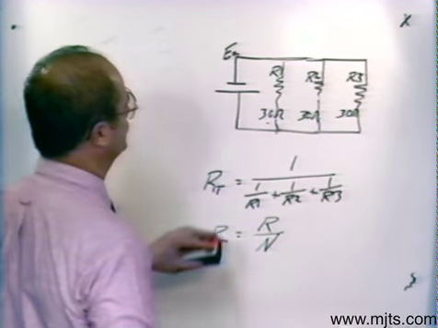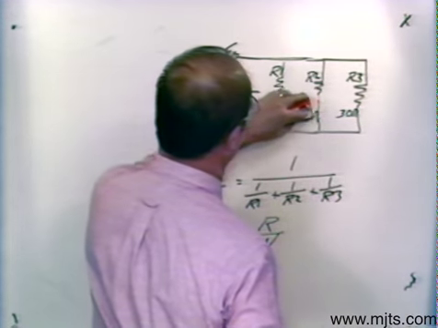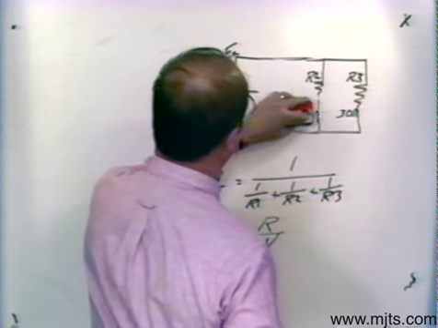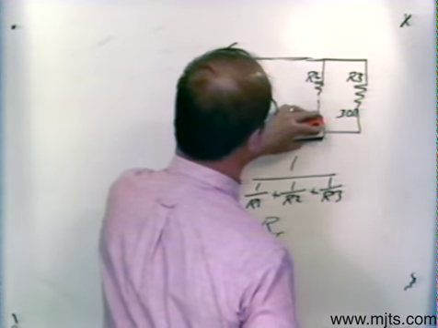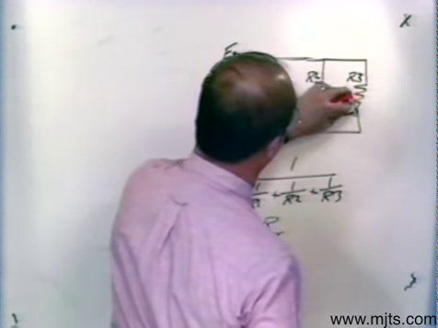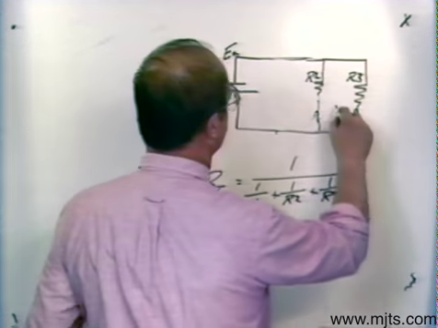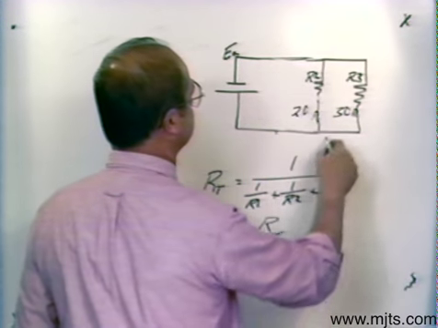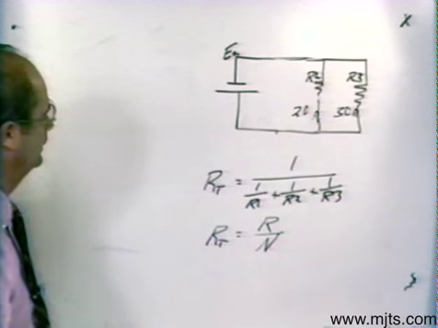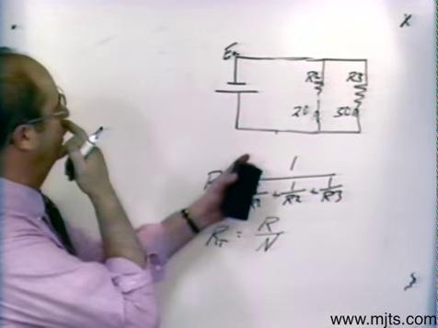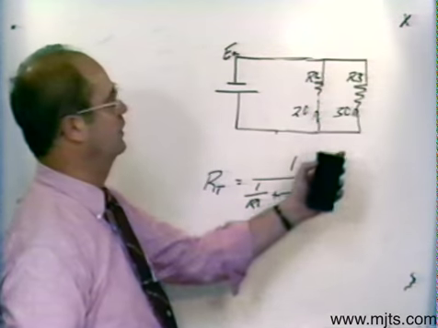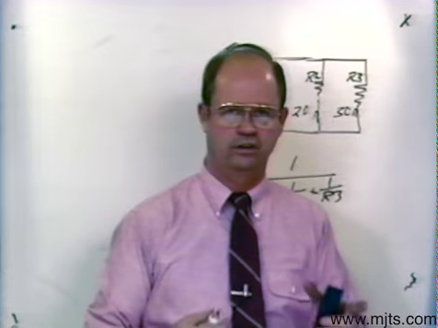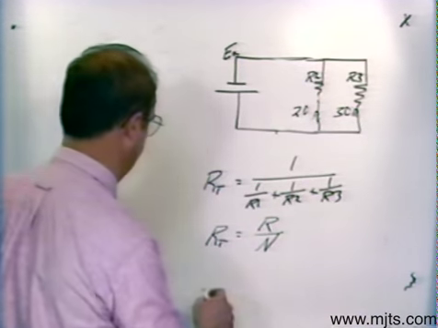Now let's try something else again. Let's say that I've got 2 resistors this time. And let's say that I've got one that is 30 and the other one that is 20 ohms. Now, when we have 2 in parallel and they're unequal, we would use what we call the unequal branch method.